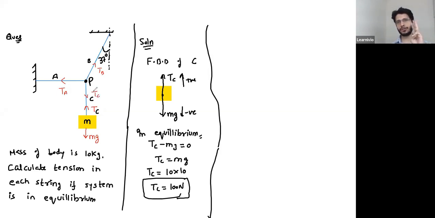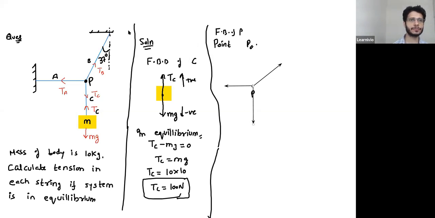So if I consider the FBD of P, if this is P, then this is your tension TB, this is your tension TA, and this is your tension TC.